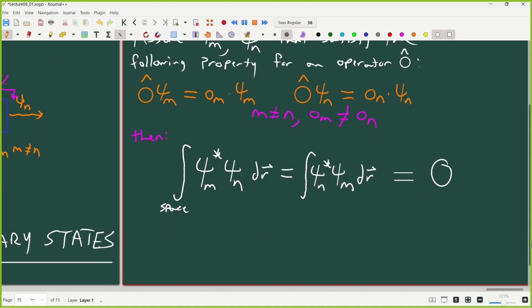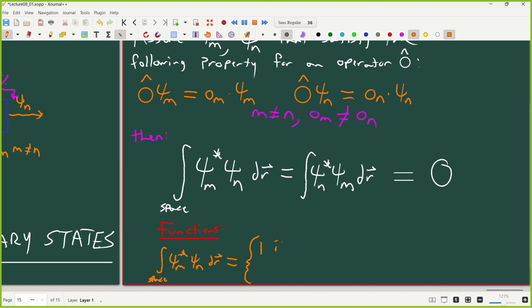So what does this say? It says that for functions, the integral over space of two wave functions that are states of your measurement has two answers. There's two responses when you do this integral.